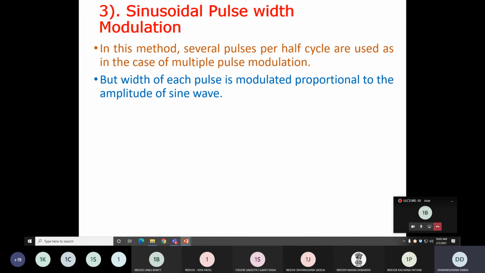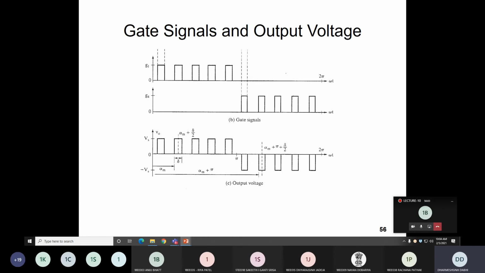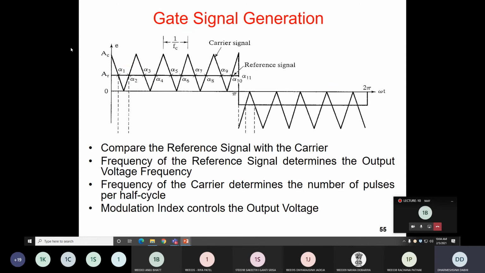Let's see an example so you can understand this concept. In this method, the logic is that we compare the reference signal with the triangle. But the difference is that here we take a sinusoidal signal as the reference signal. In both previous methods, single pulse and multiple pulse modulation, we take a square wave as the reference signal.